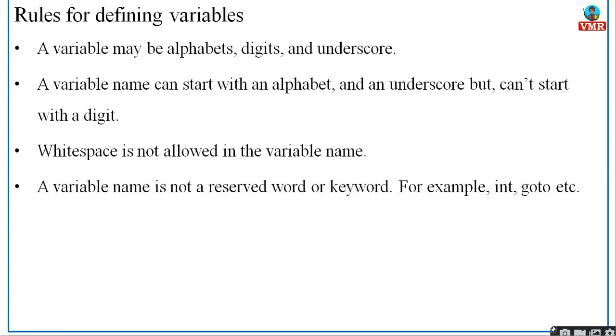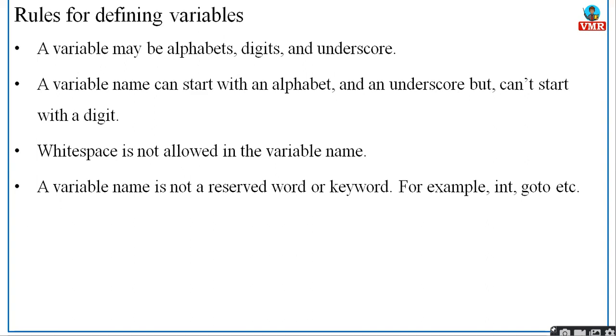Yeah. And finally, we come across the rules for defining variables. A variable name may contain alphabets, digits, or underscore, right? You can use alphabets, digits, even underscore. And a variable name can start with an alphabet or an underscore, but cannot start with a digit. Okay.